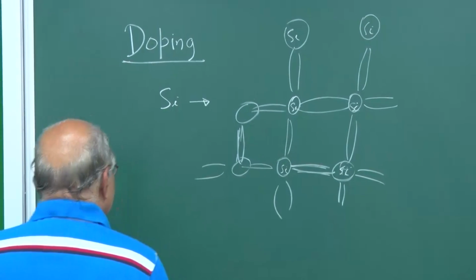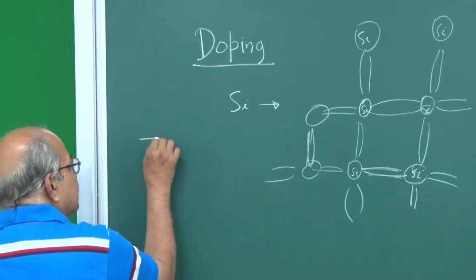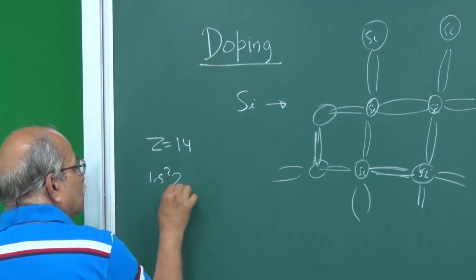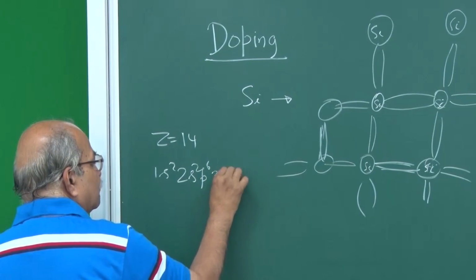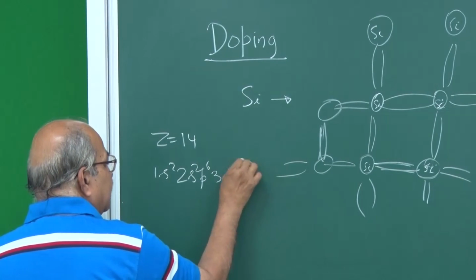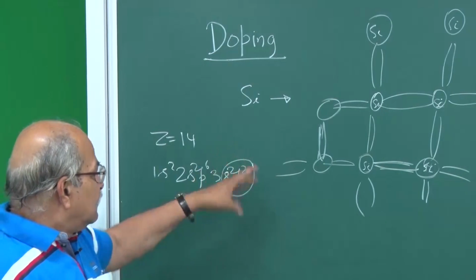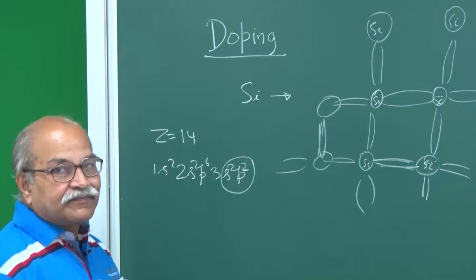The electronic configuration is Z equal to 14, so you have 1s2, 2s2 2p6 and then 3s2 3p2. These 4 electrons go into this sp3 bonding in this structure.